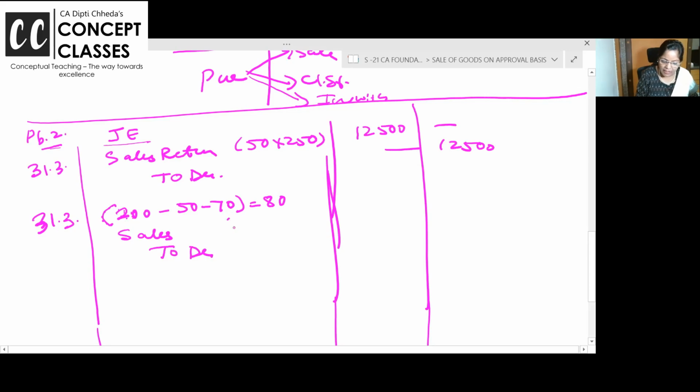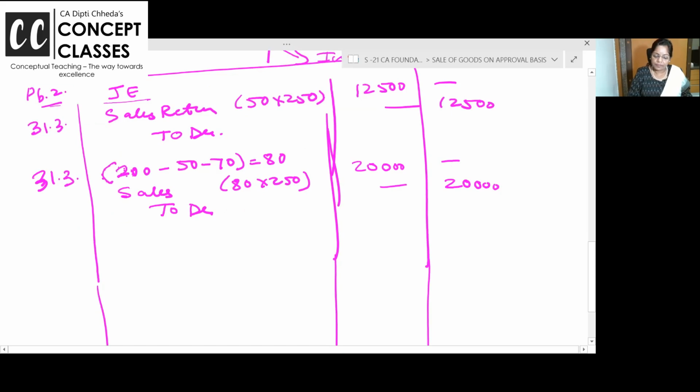Sales to debtors, 80 into 250, that is coming to 20,000. Why are we reversing the sales? Prudence principle. This is not the goods sold. So we are reversing the sales.